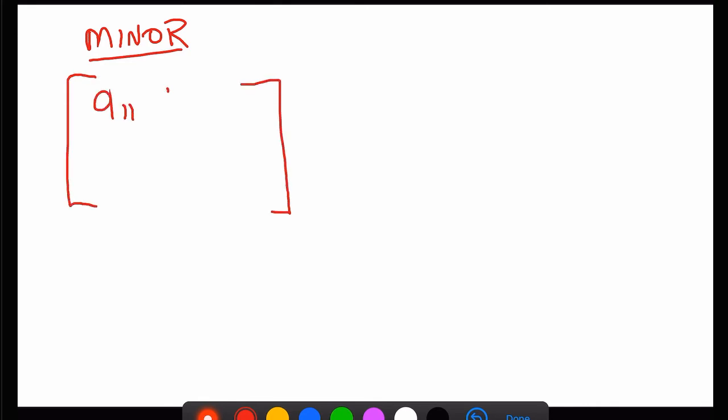All right. Some other terminology that goes with this. Minor. A minor is a little submatrix that lives in the big matrix.